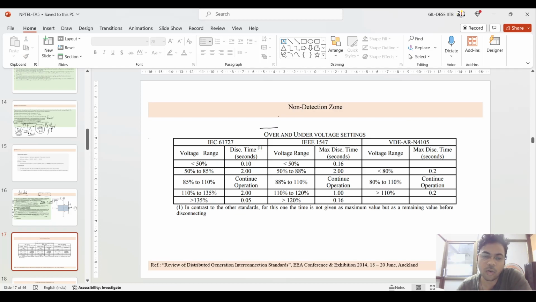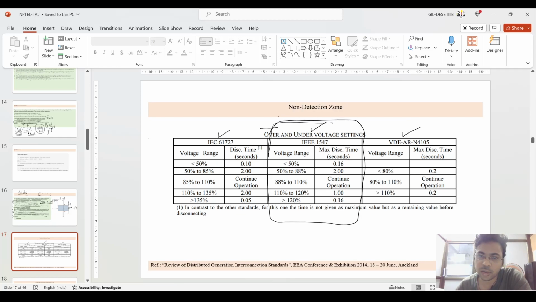If you see the further slide, there are certain standards by which the relay should operate. I have given these three: IEC 61727, IEEE 1547, and VDE-AR-N 4105. This is related to their grid code based system.